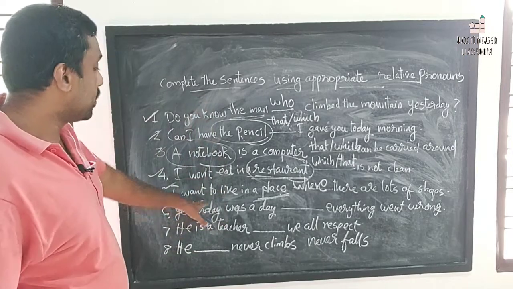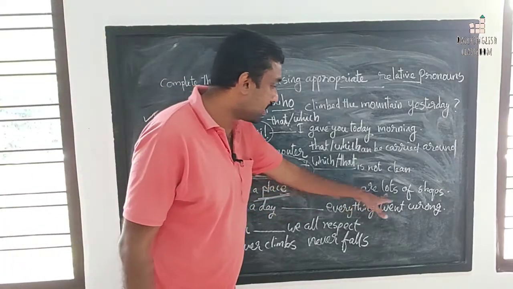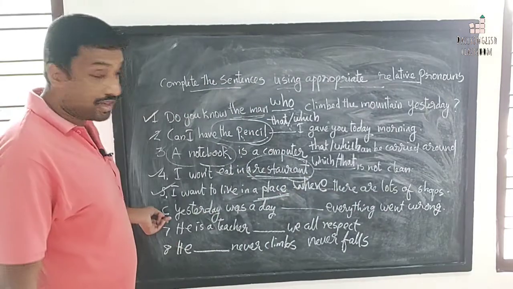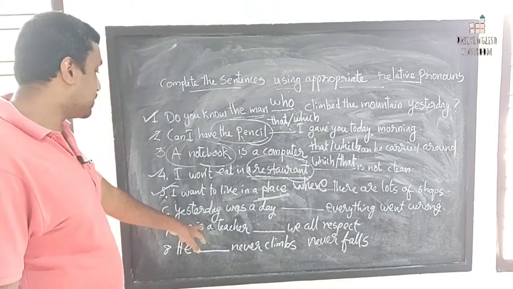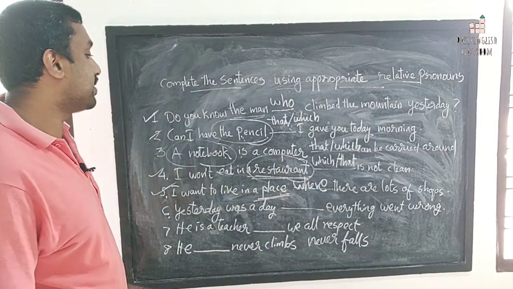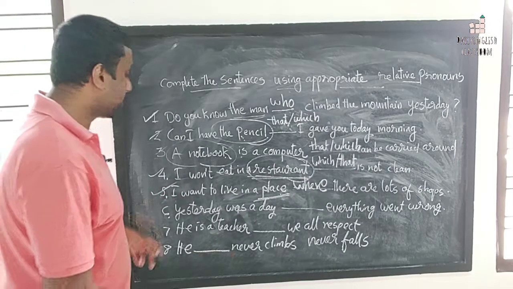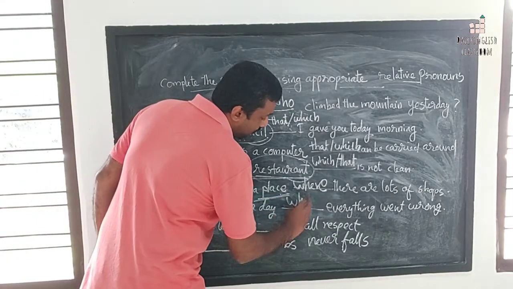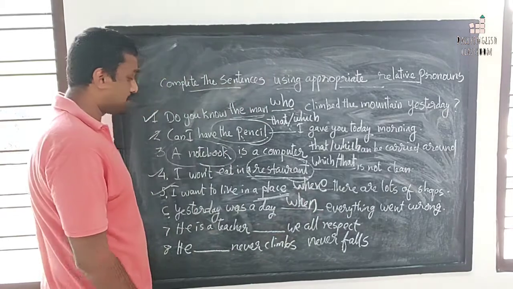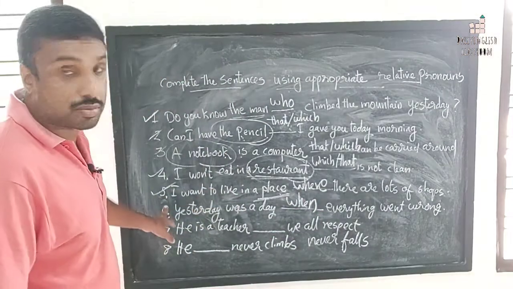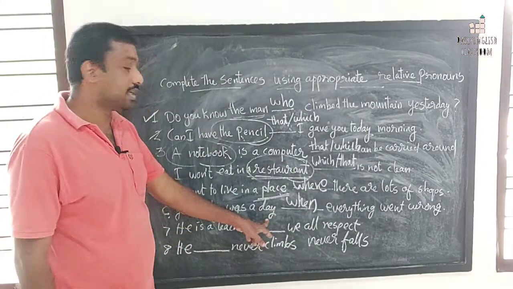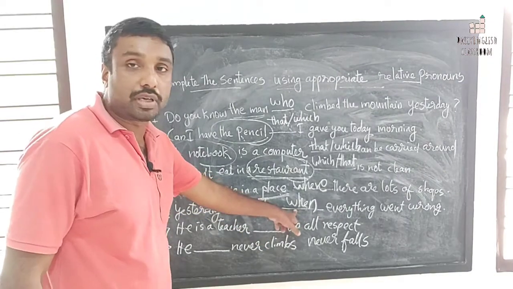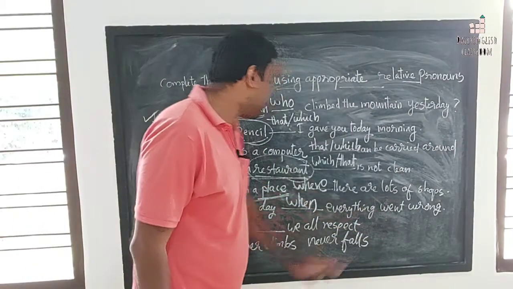I want to live in a place where there are lots of shops. Then number 6: yesterday was a day dash everything went wrong. Here we use the relative pronoun when because it shows the time. So this one goes like this: yesterday was a day when everything went wrong.